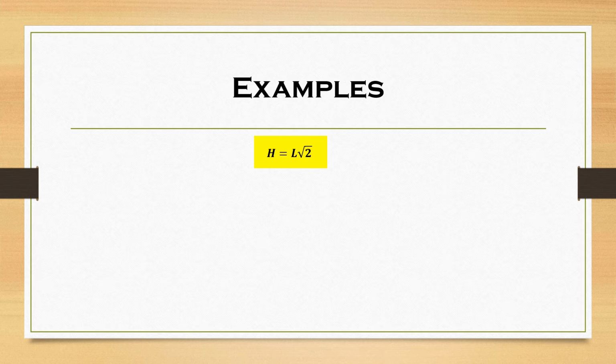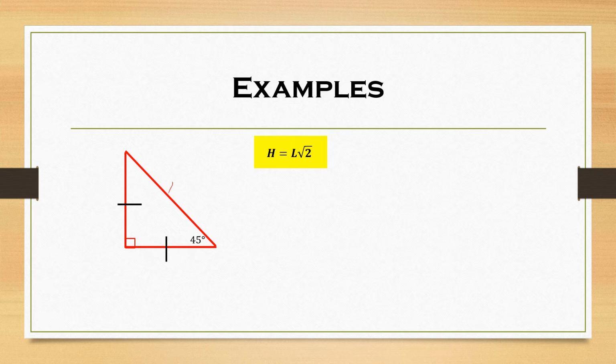Let's have some example. So, we have h is equal to leg times the square root of 2. Okay? Now, ito yung ating given na triangle. Okay? So, kung sa given triangle wala yung markings, okay lang as long as nandito yung ating angle.